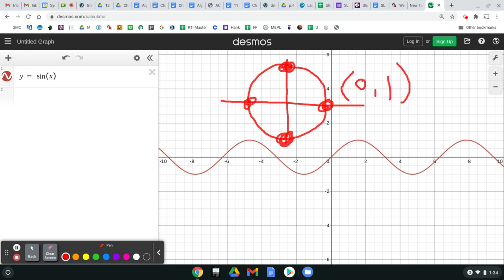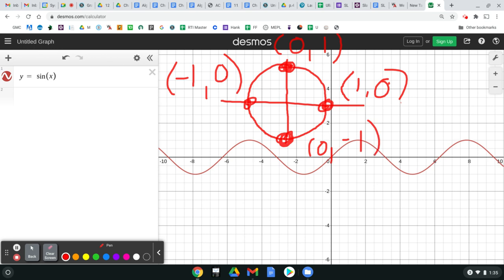Shoot, I screwed this up. Time out. All right, so this one would be 1 comma 0. This one would be 0 comma 1. This one would be negative 1 comma 0. And this one would be 0 comma negative 1. Are you with me on all that?